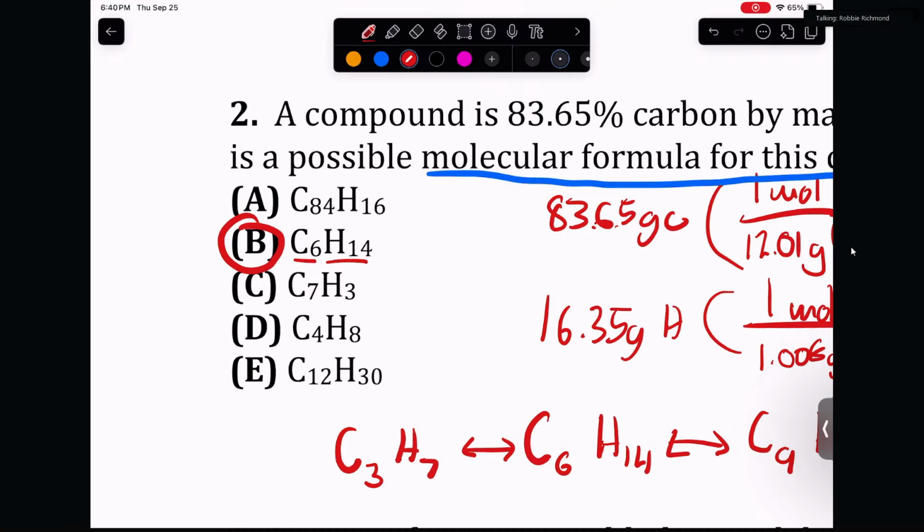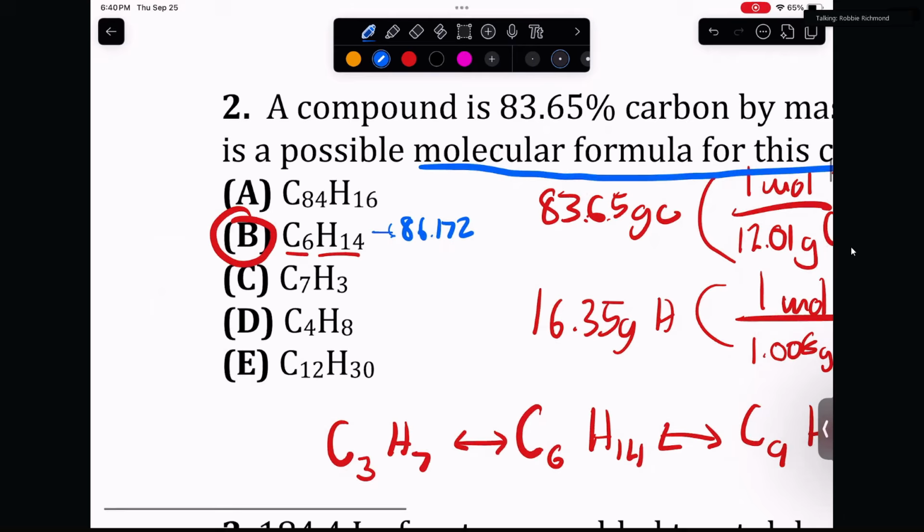This would be a molecular weight of 86.172. And if we have 6 carbons with a weight of 12.01 each, that would be 72.06 divided by the entire molecular weight times 100%.